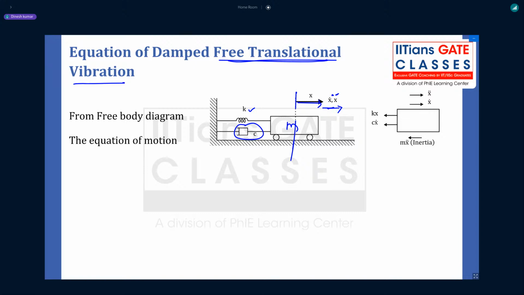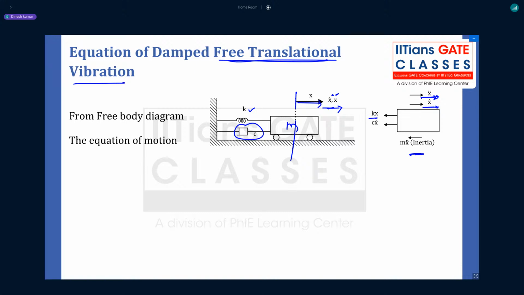Now if you take a free body at some displacement x, the velocity is in this direction and the acceleration is in this direction, so the spring force will oppose this displacement, so it is kx in the opposite direction.